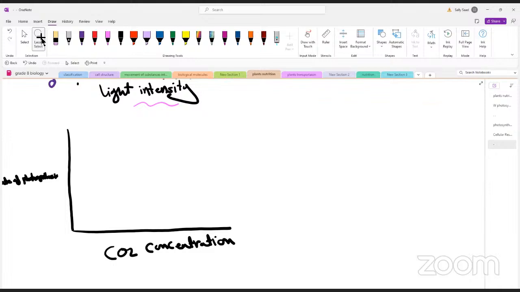Can you sketch it on the board? Okay, Rama, you can. Alia.